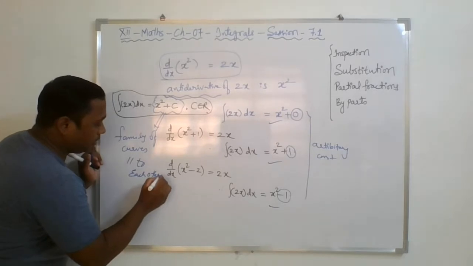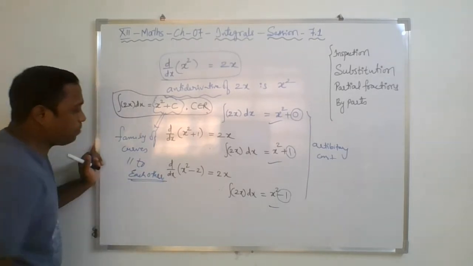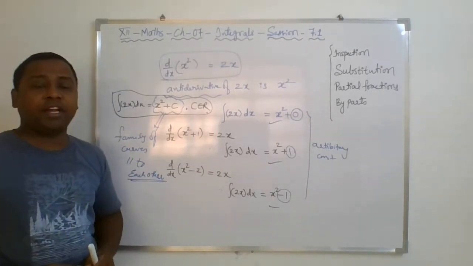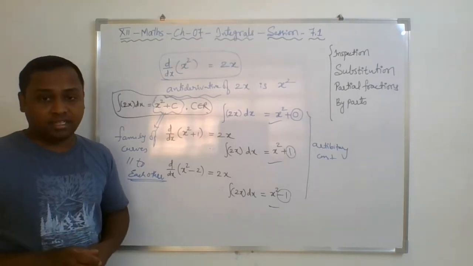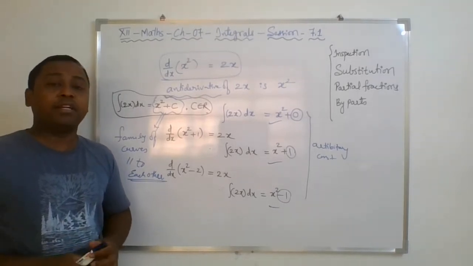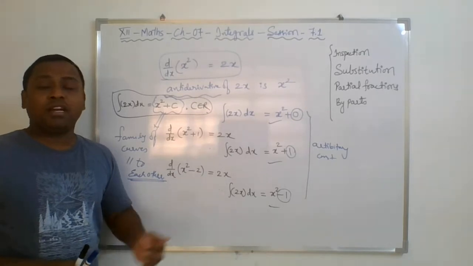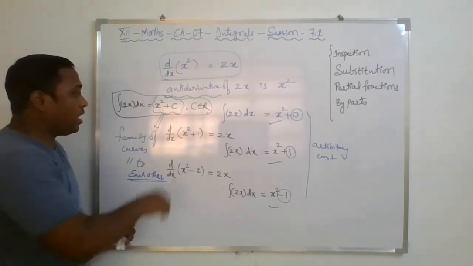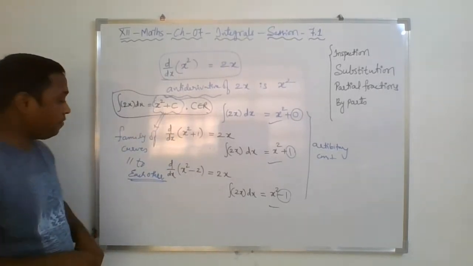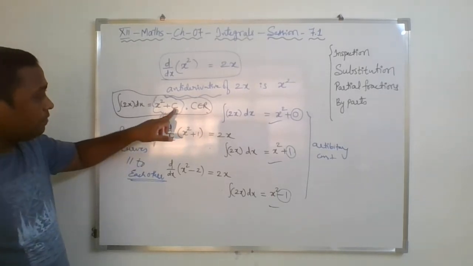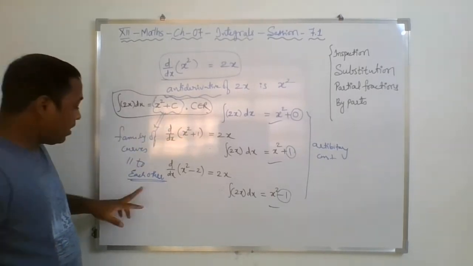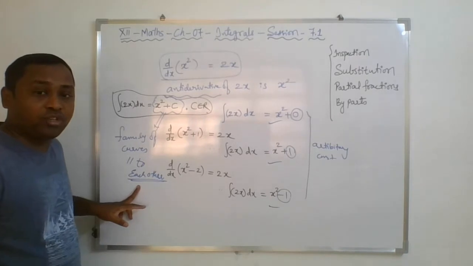This speaks the geometrical meaning of the indefinite integral. So the indefinite integral geometrically represents a family of curves differing by the constant, and they are parallel to each other.